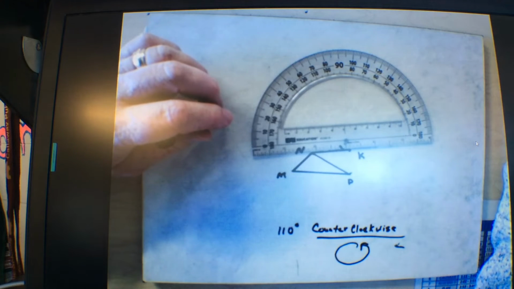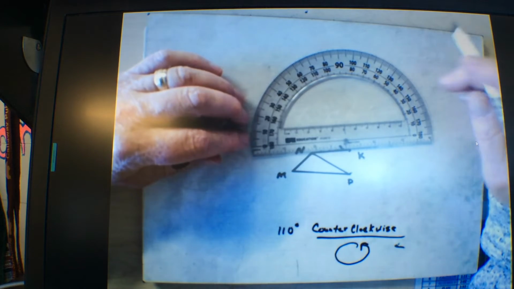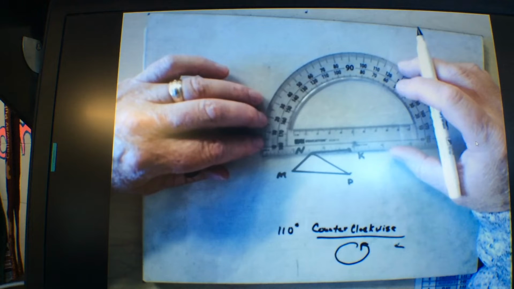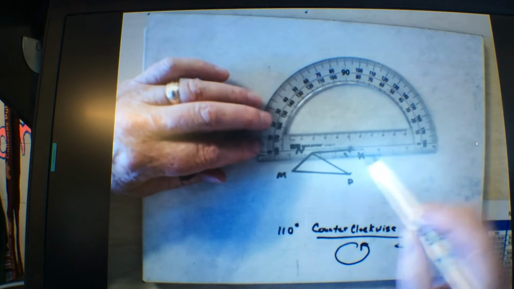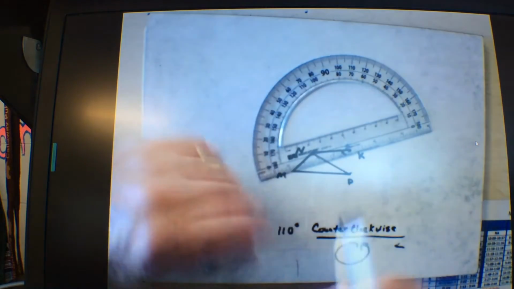Now counterclockwise is this way, so I'm going to swing it this way.